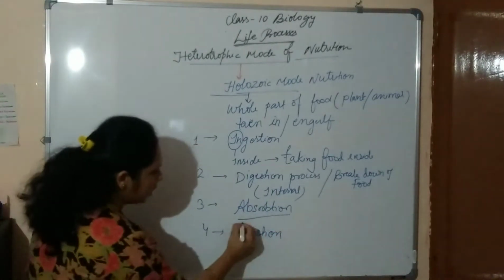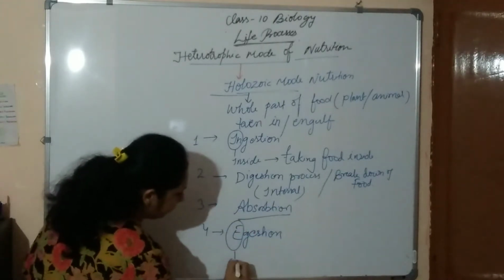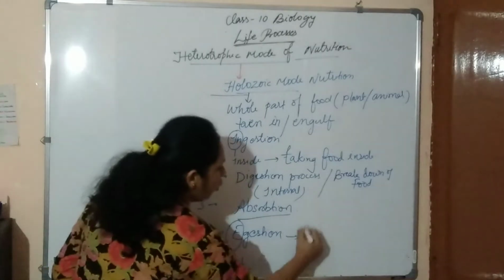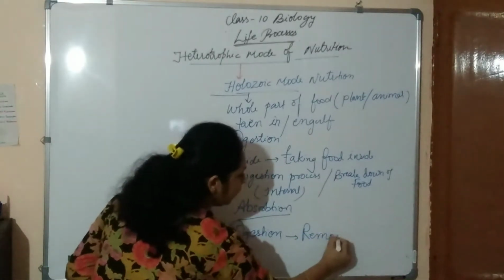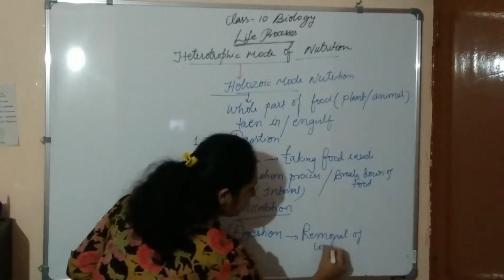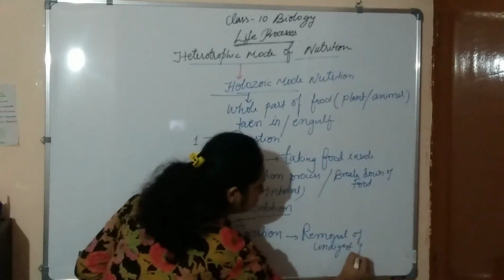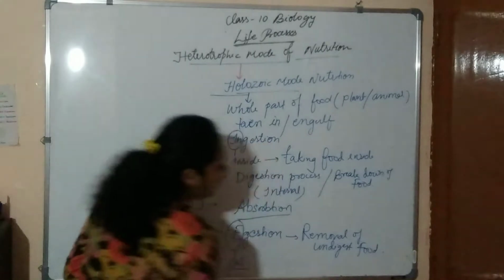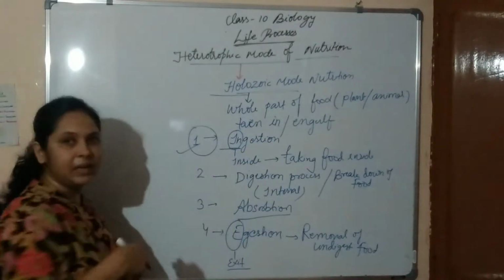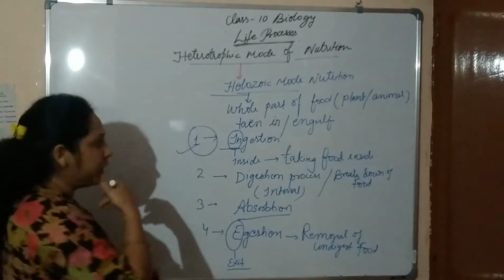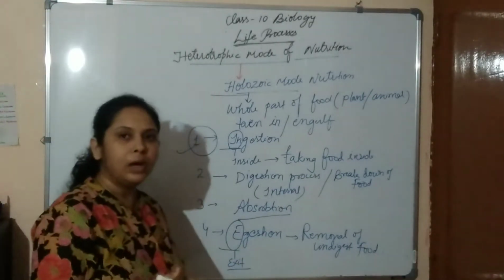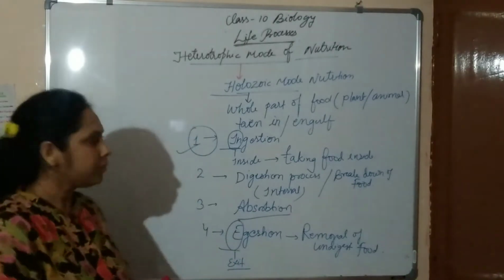Here E means exit. So egestion is the removal of undigested food. Don't confuse it with ingestion: in ingestion, "in" means inside, the food is taken inside the body, and in egestion, exit means to remove the undigested food.